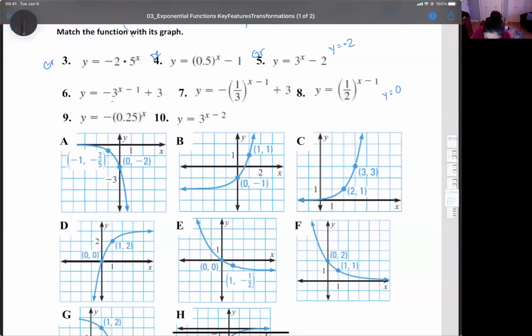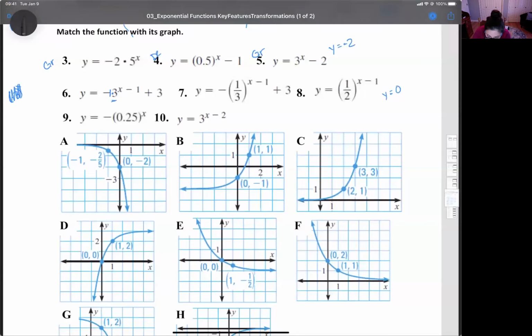Number 6, the base for my exponent is greater than 1. I see this negative in front here, but that's actually -1 times 3 to the x. If the -3 were in parentheses, that would mean the negative is attached to the base for my exponent. We're not going to look at any problems here where the base for the exponent is negative, so this isn't something that we need to worry about.